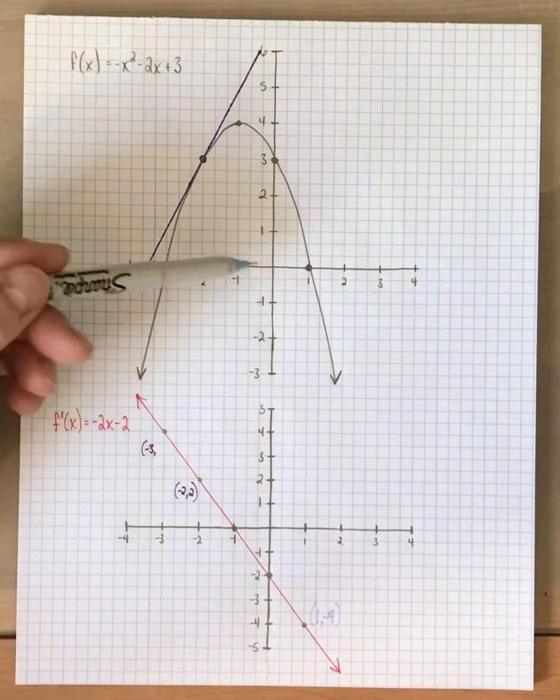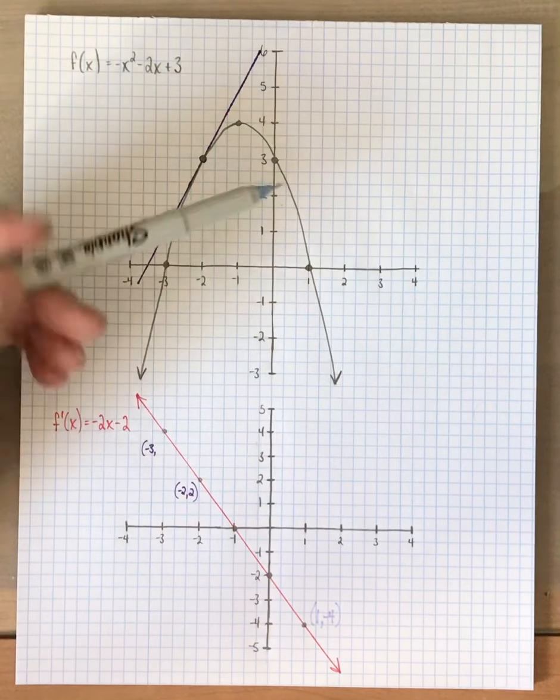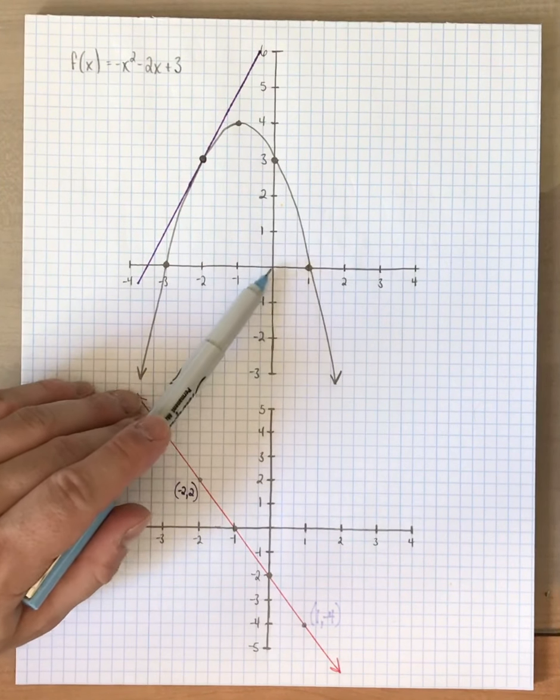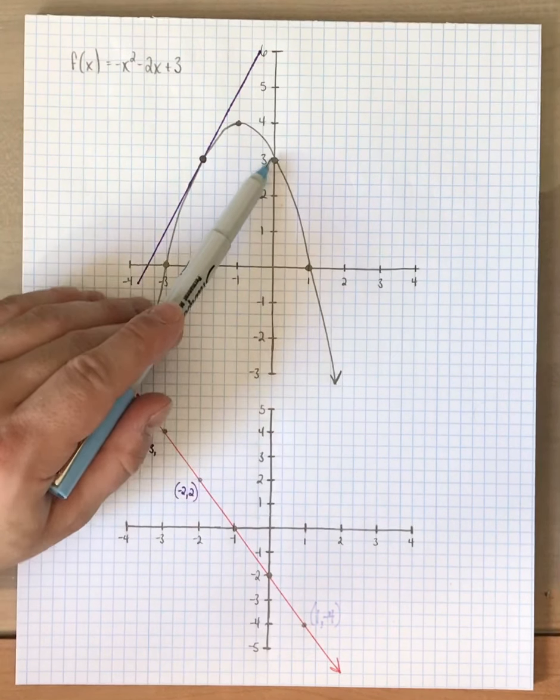So, since we don't go too far downward on the scale, we can reverse that and, of course, go left 1 and up 4.